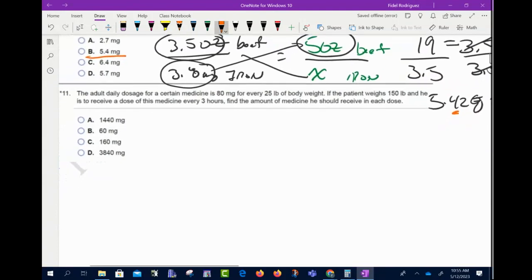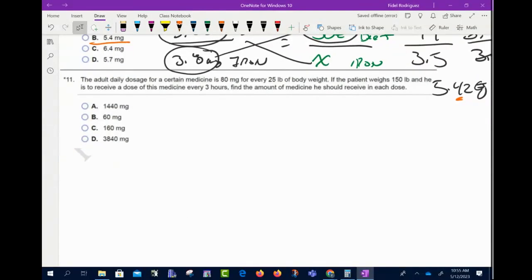Y'all, if anybody is planning on going into allied health, what I want to mention is these problems we're doing here. If you want to go into nursing, one of the things y'all do in nursing is called dosage calculations, right? So if I had a particular illness, and I'm sorry, what's your name? Perla. If Perla had the same illness, they're going to give us the same medication.